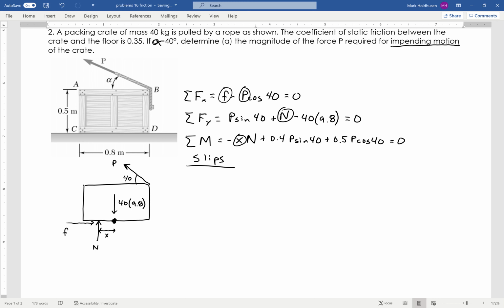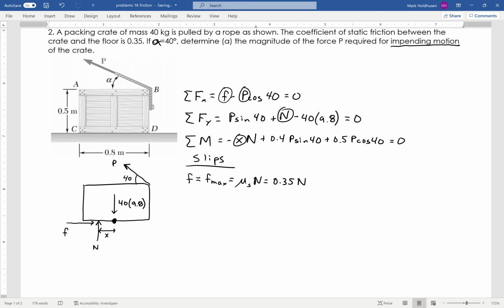If this thing is going to slip, I'm looking at the point right before impending motion, right before it starts to slip, so that friction force is going to be at its maximum, which is mu s times N, which for this problem is 0.35 times the normal force.